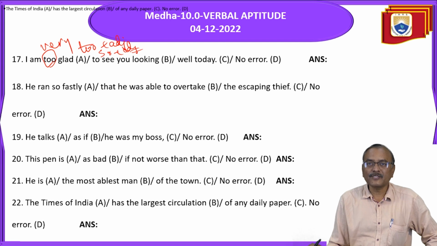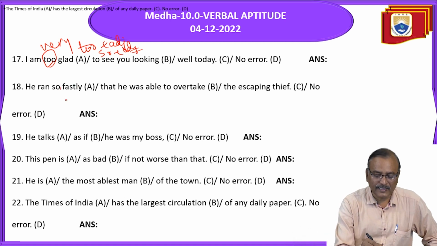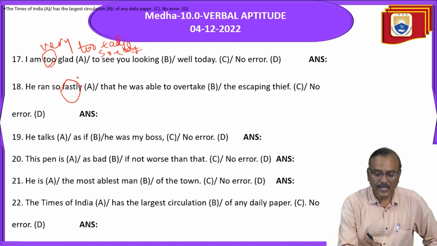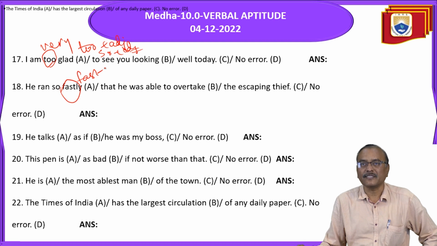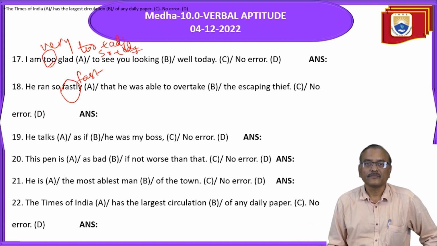He ran so fastly that he was able to overtake the escaping thief. So fastly. There is no word like this, fastly. Fast is enough. He ran so fast. Fast is an adjective as well as an adverb. Ran so fast.